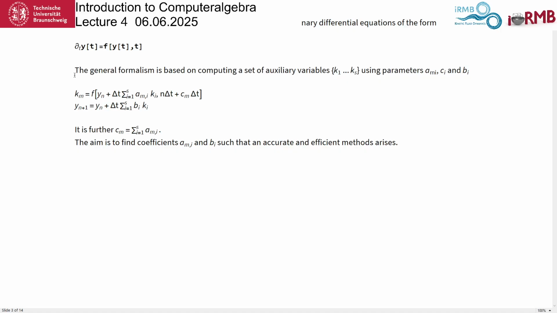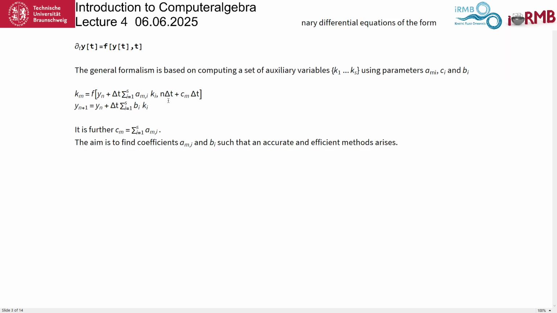You compute this k_m as an evaluation of this function f at a starting point y_n, which is usually the last time step that you were looking at, plus your time step delta t and the sum over these coefficients a_mi times k_i.